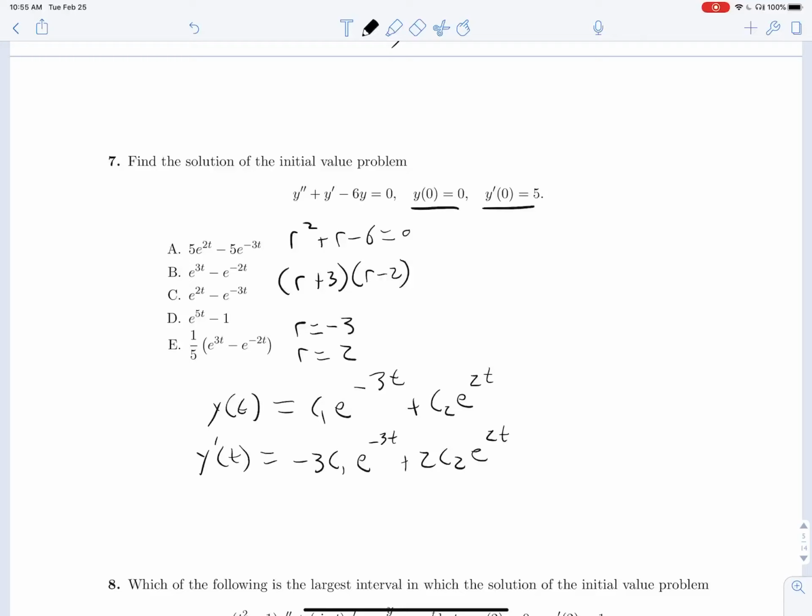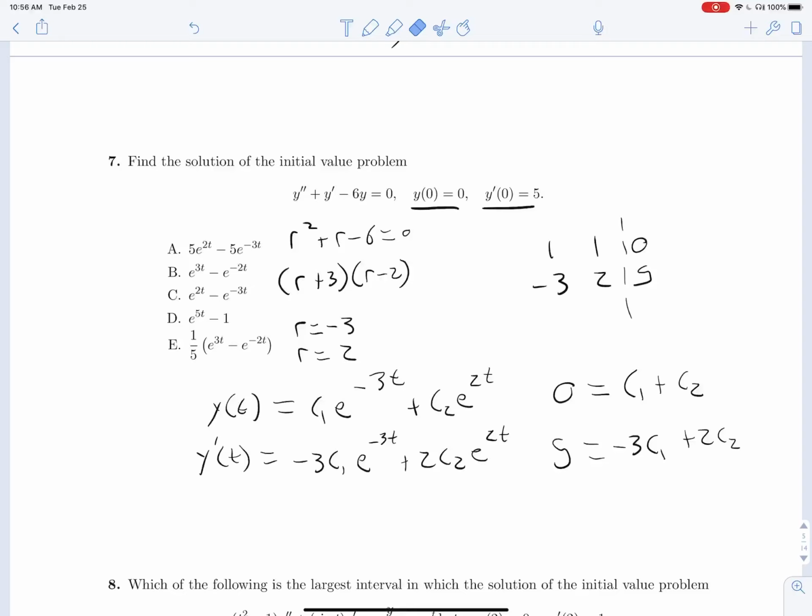So plugging in y at 0 equals 0, we have 0 equals c1 plus c2, because all of our e terms will go to 1. And then we have 5 is equal to negative 3 c1 plus 2 c2. Let's make a matrix out of this. It's an augmented matrix of 1, 1, 0, negative 3, 2, 5, where our solutions are over here.